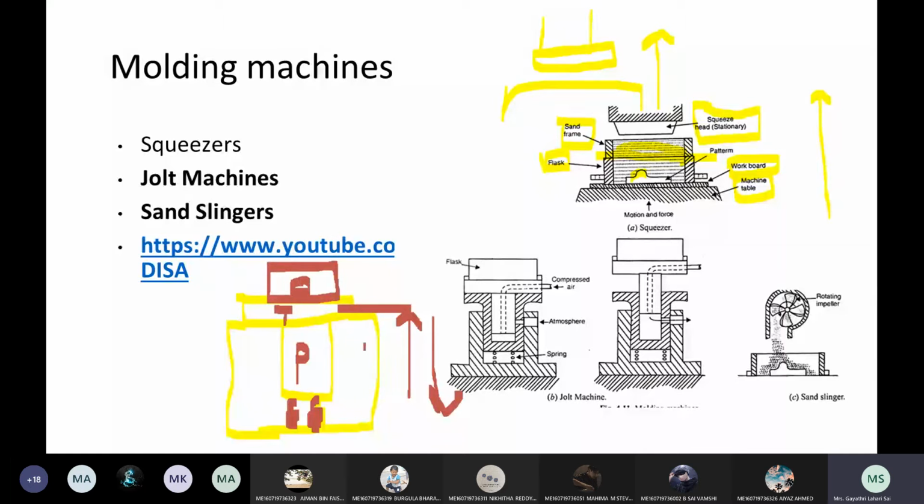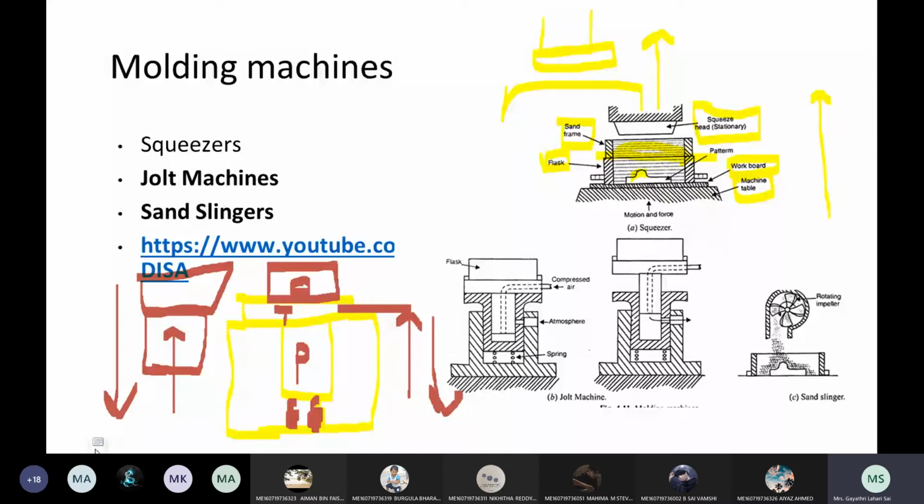They will fix it. So as the plunger is moving up and down, when it is in the up position, it is just like your engine, top dead center, bottom dead center. The plunger is at the top dead center, so the flask will be at a height. Suddenly it will drop down, coming up and coming down.